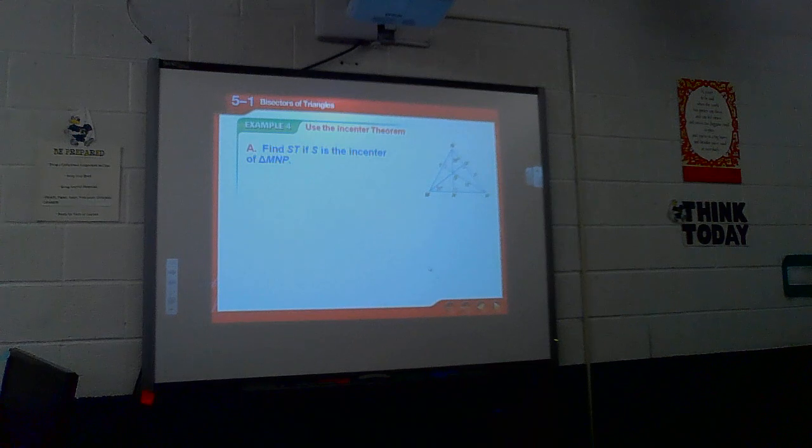So essentially, when they ask me this question right here, I'm zoning in on this triangle right here. And if this is a right triangle and I have an 8 over here and a 10 over here, how can I find that distance right there? If I have two sides of a right triangle, what can I use? Pythagorean theorem, which is what? A squared plus B squared equals C squared.